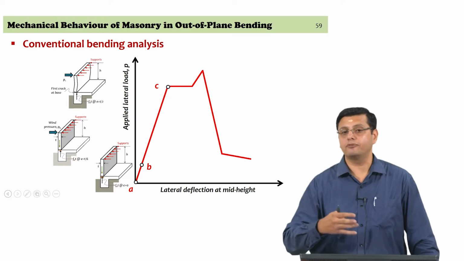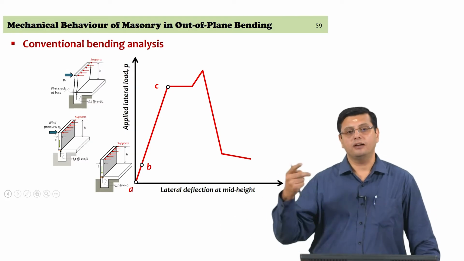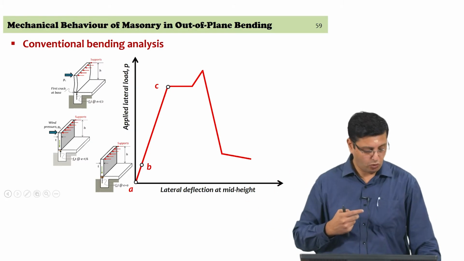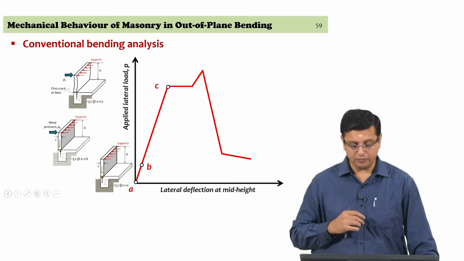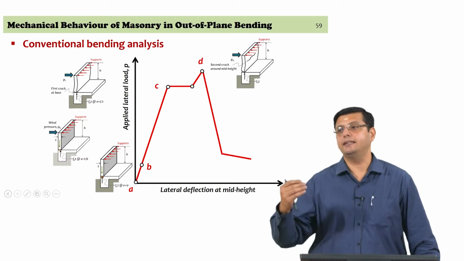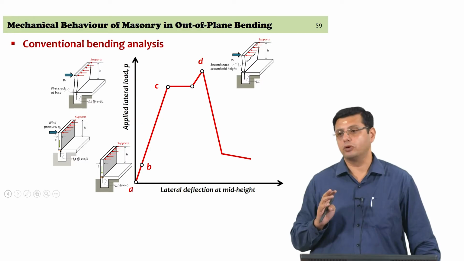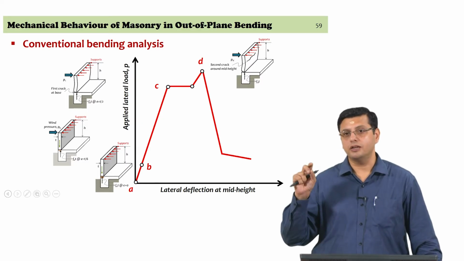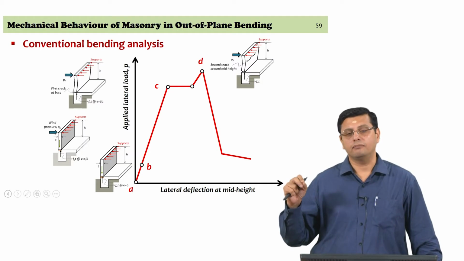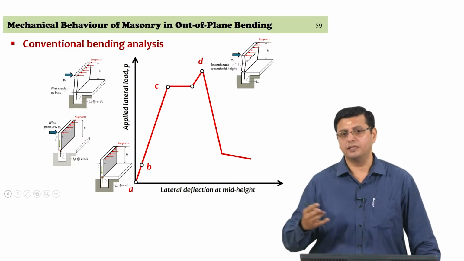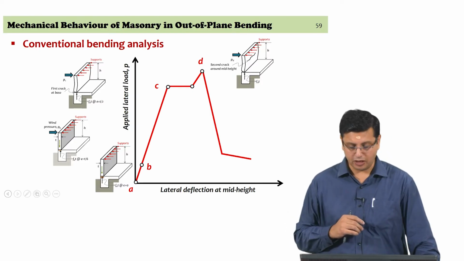So at this stage we have to start considering the fact that the system stops working as a propped cantilever and starts working more as a pin-pinned boundary condition in the wall, and therefore the maximum moment will now migrate to the mid height of the wall, and as loading continues you get the crack initiation at the mid height, and that is a stage that corresponds to maximum load carrying capacity of the wall itself, because once the crack initiates at mid height, it is basically only going to resist with larger deformations, but additional capacity is not available at that stage, reserve capacity is not available at that stage.